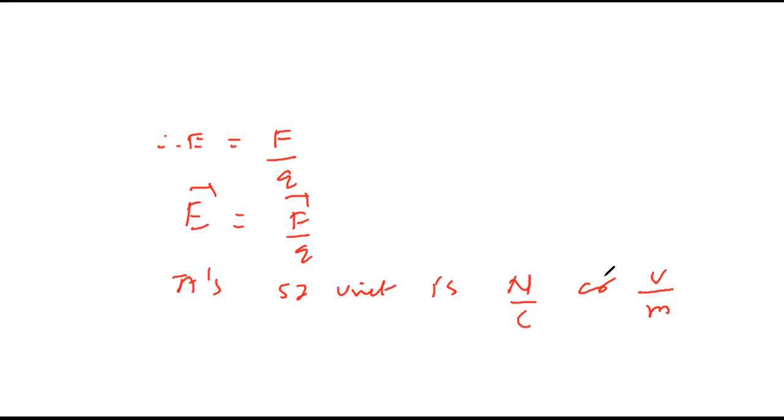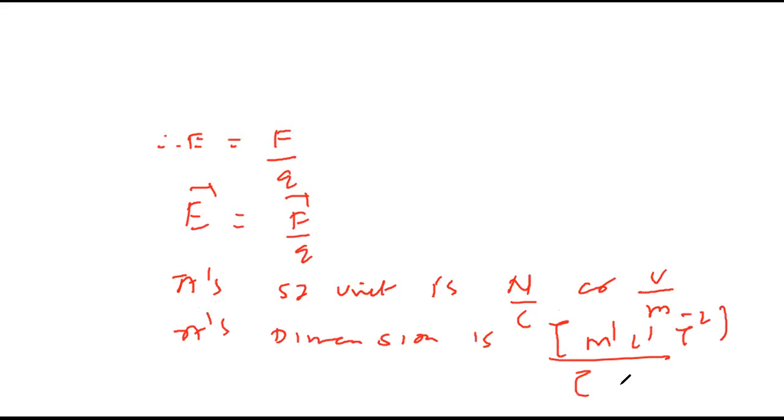Its dimension: force is M1 L1 T minus 2 and charge is I into T, so A1 T1. Therefore the intensity is M1 L1 T minus 3 A minus 1. Write formula and copy till dimension part.